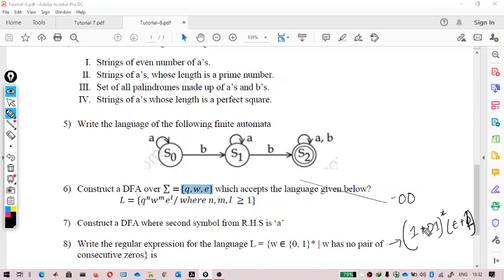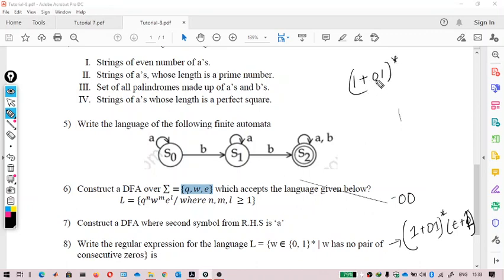Just let me again confirm it. What was the expression? Wait for a minute. If I remember the pattern there, it was something like this: my building block will be 1 plus 0 1, and it is raised to the power of star.